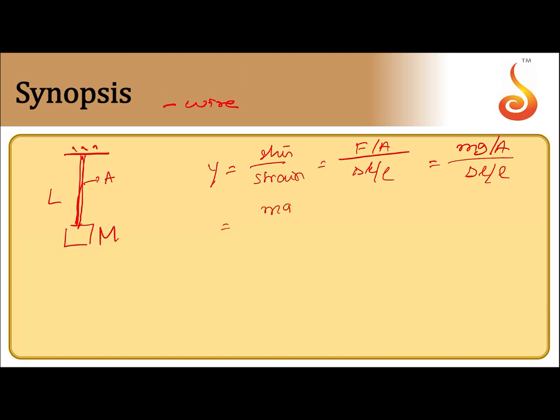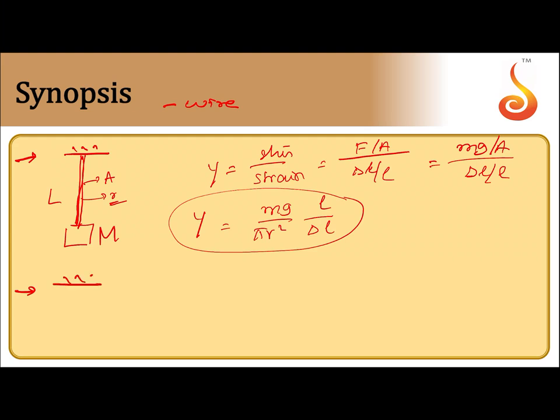So, we can write mg divided by pi r square, where r is the cross sectional radius, divided by delta L divided by L. So, for a rod or for a wire, light wire, the Young's modulus can be understood in terms of this equation. Remember, this is a light wire.